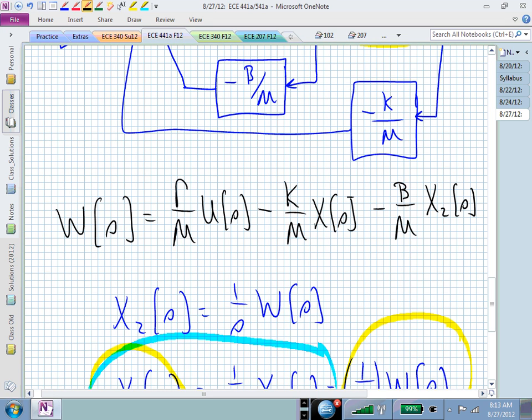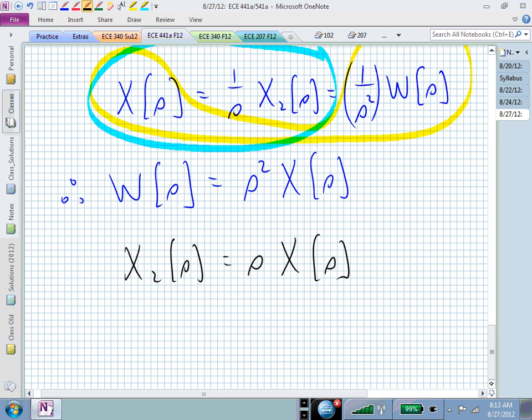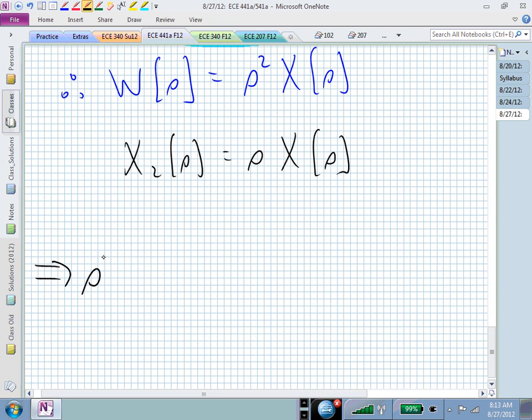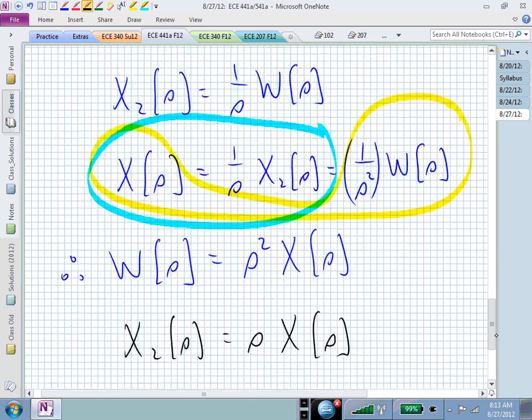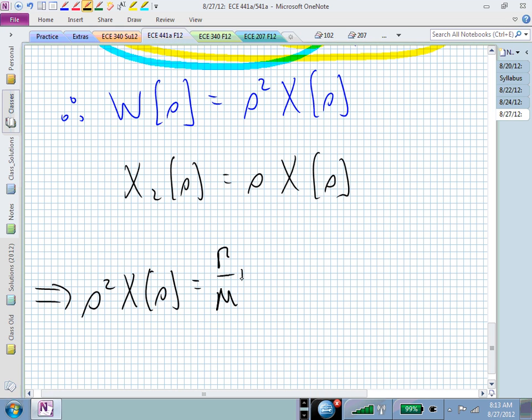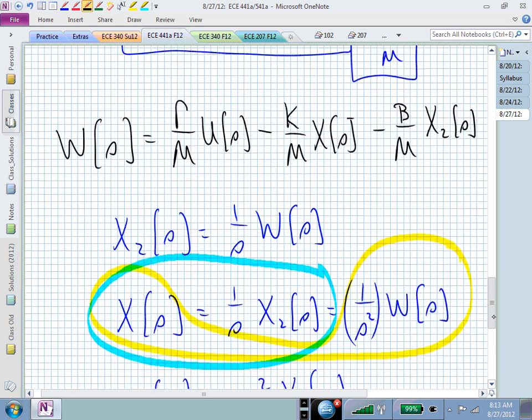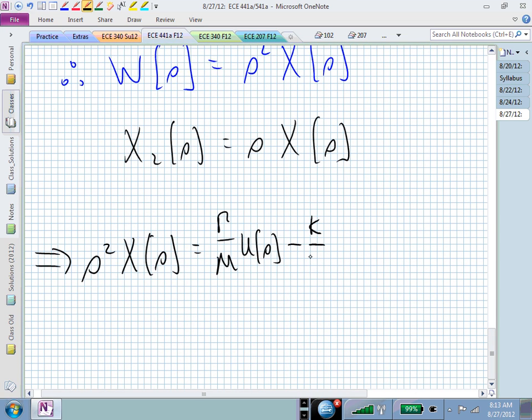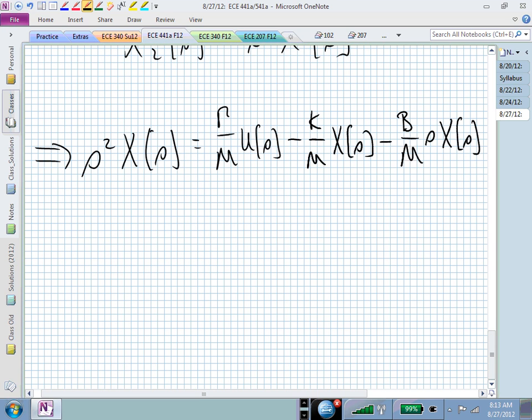W of S I'm going to replace with its expression in terms of X. So I have S squared X of S, and that's equal to this gamma over M U of S. Then I have a minus K over M X of S. And finally, I have a minus B over M S X of S. I now have an equation that only contains input and output variables that are transformed.